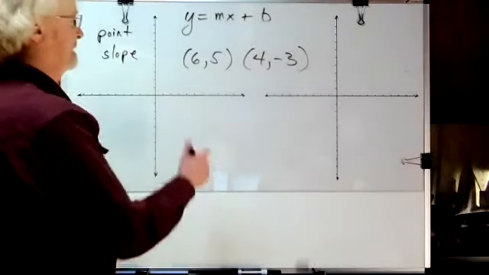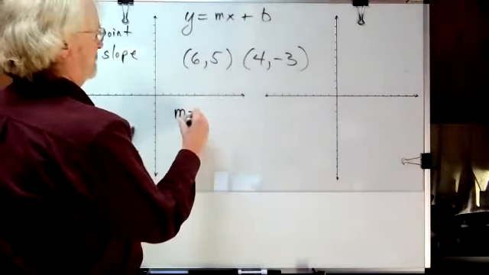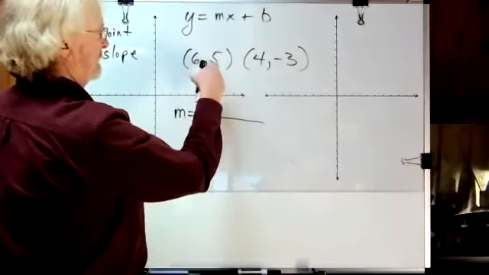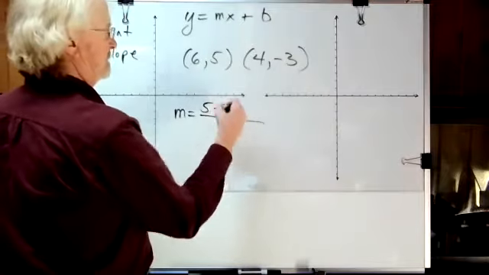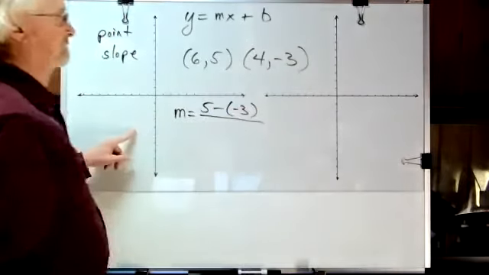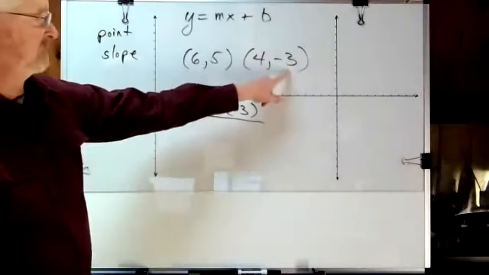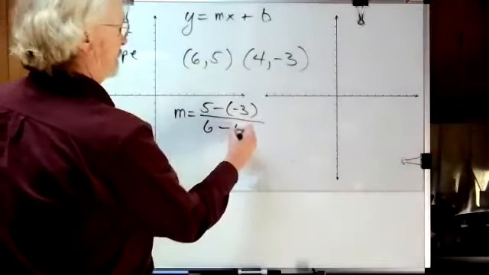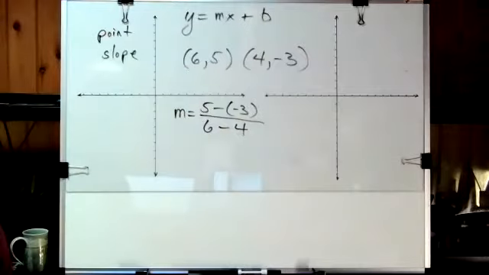We'll see what happens. So my slope, make sure I get my y values, 5 minus -3. I'll start here again for x, 6 minus 4. Ooh, I think I'll get a nice number.